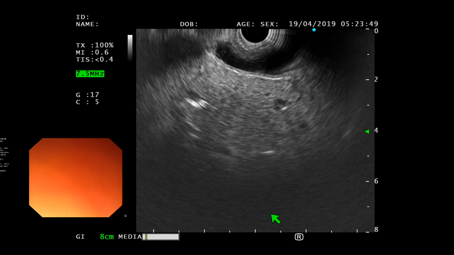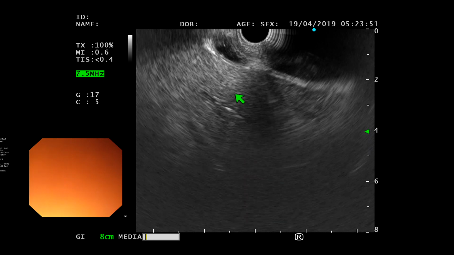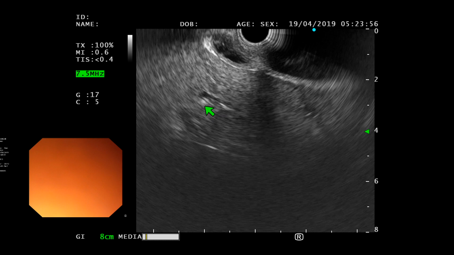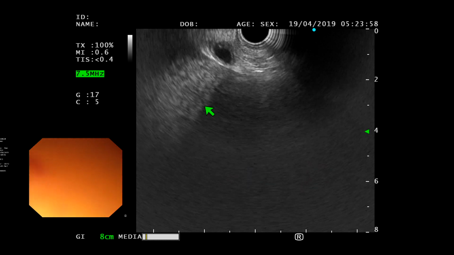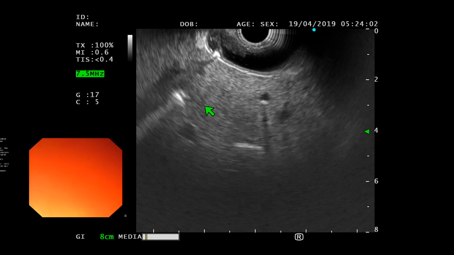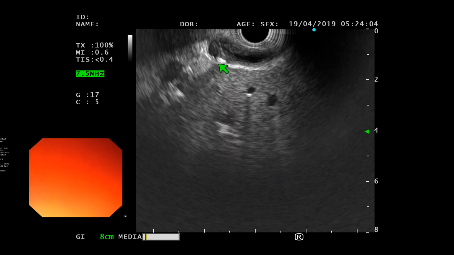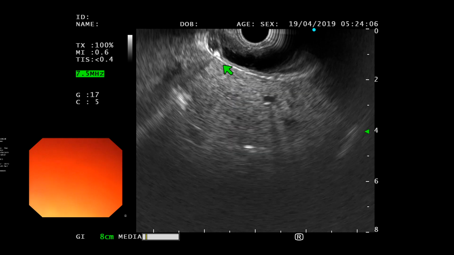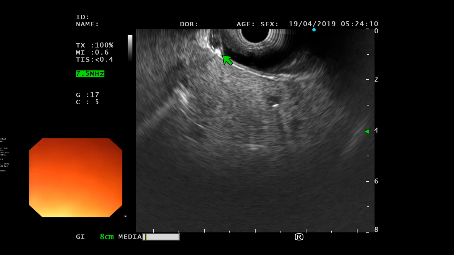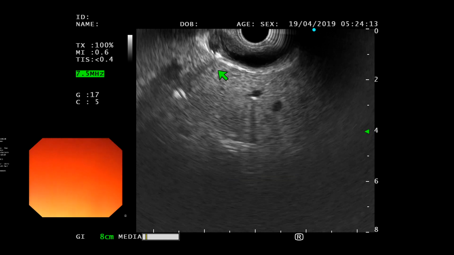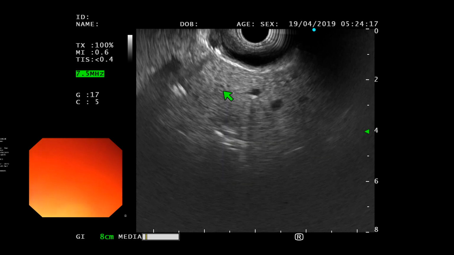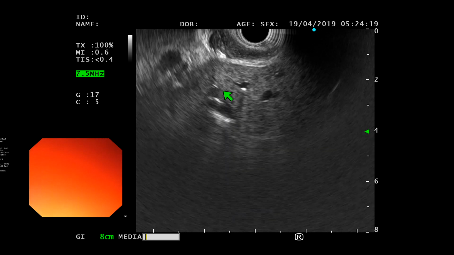Well, what's this? That one there. No, not terribly impressed about the stone, really. This one, right? This maybe. Yeah. It's in the wall, I think, rather than actually within the lumen of the gallbladder, this thing. I'm not sure this is what I would like to call stone.